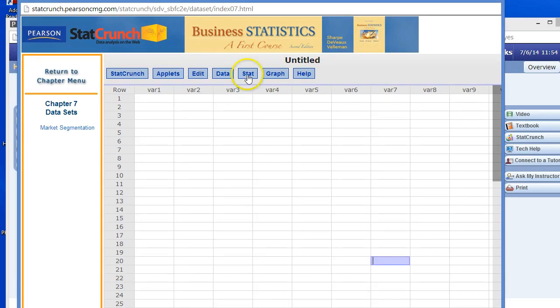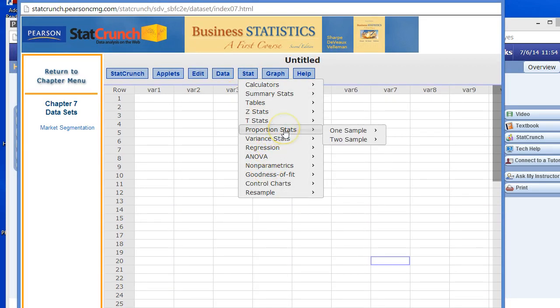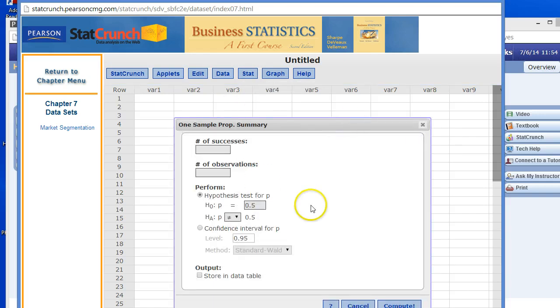So what we're going to do, we're going to use stat. We want to perform a proportion stat analysis, and it's going to be a 1 sample, and we do have the summary. So it's a series of choices there based on what we are asking StatCrunch to calculate.